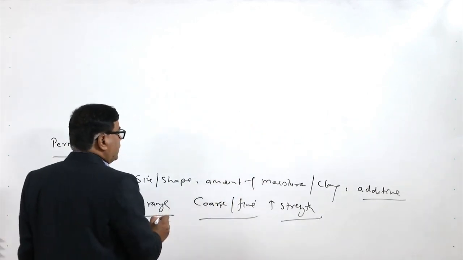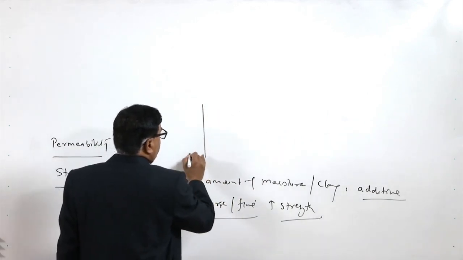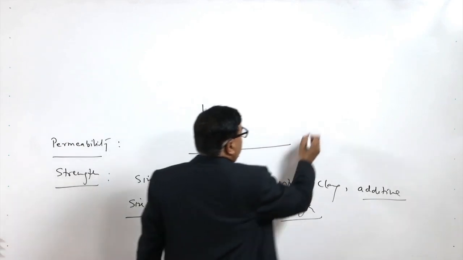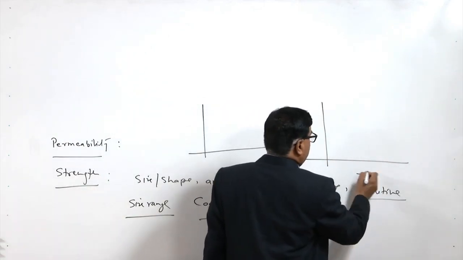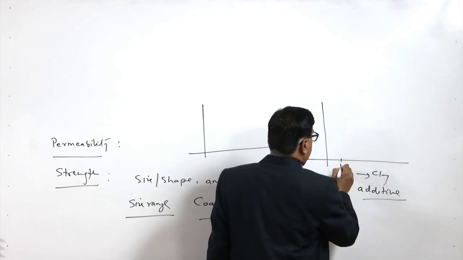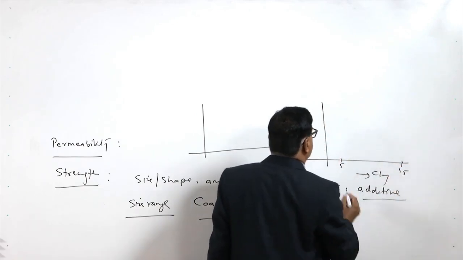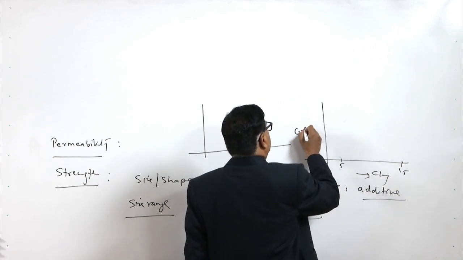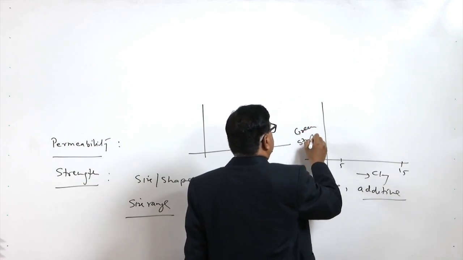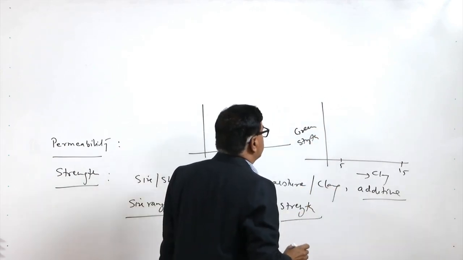On the other hand, the effect of the moisture and the clay on the strength of the mold can be seen from these plots, say the clay here varying from 5 to 15%. Here we have the green strength, meaning the strength of the mold when there is moisture.